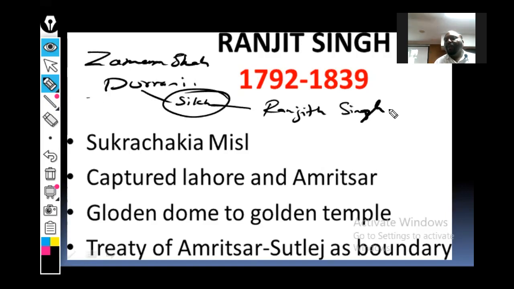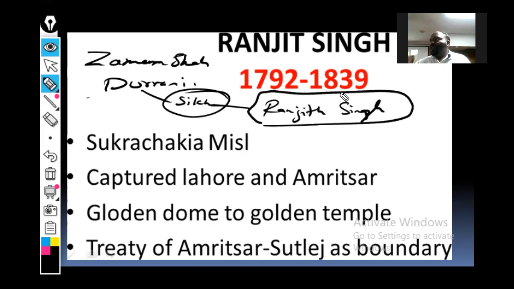Not only that, when he was a young boy, 7 years ago, when he fought with his father, he had thrown away Zaman Shah. Zaman Shah comes back this time in the Battle of Amritsar, 1797. Ranjit Singh wins this battle and throws Zaman Shah out of the Punjab area.